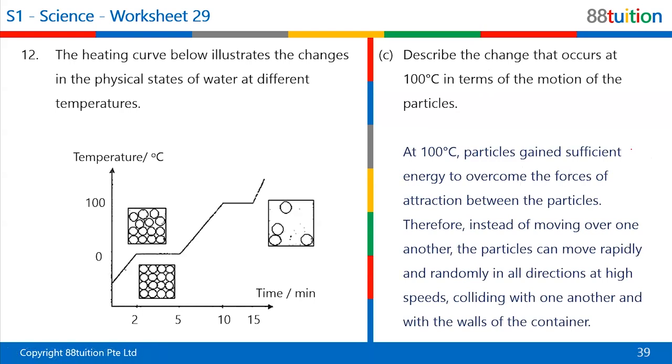If you want to write down sufficient heat energy, even better. The energy is used to overcome the forces of attraction between the particles. Liquid particles still have forces of attraction holding the particles close, though they can move around, right? But they are not free to move all over the place. It's still quite close to each other.